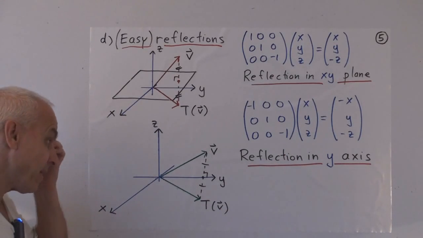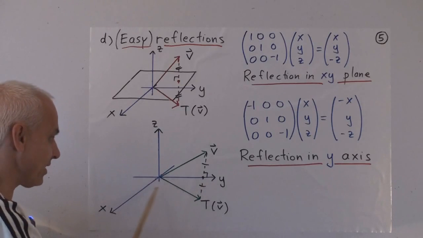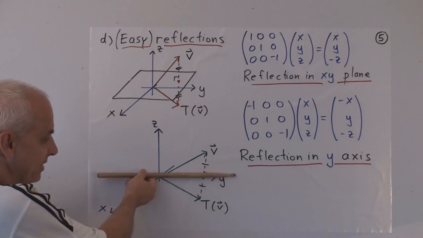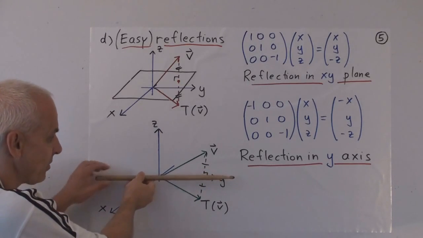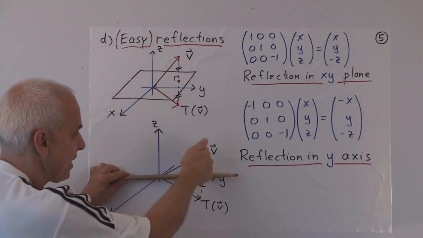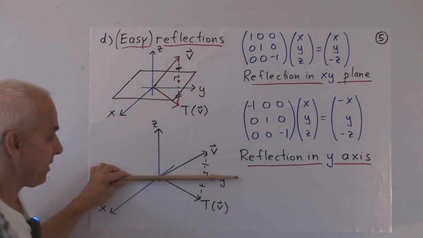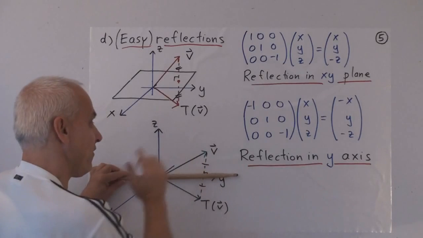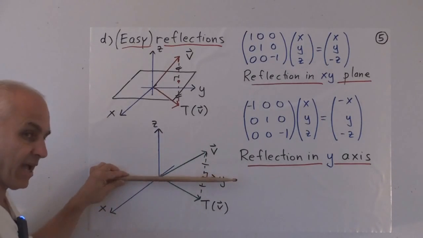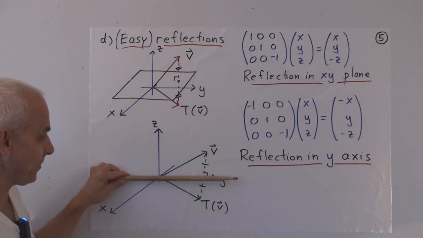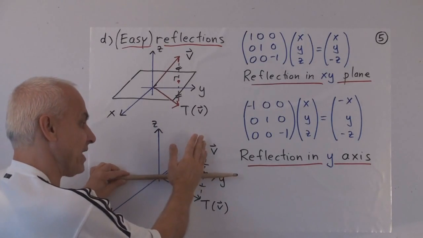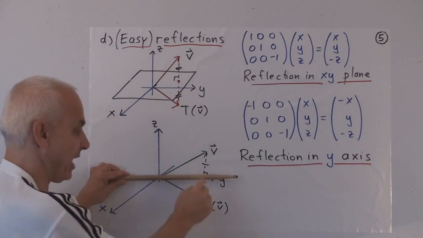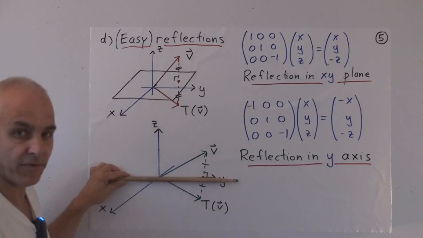What does that mean? Well, here's the x, y, z axis, the y-axis in this direction. So what's happened here is that if we take a vector v and think about the plane through v that's parallel to the x and z axes, now what we're doing is reflecting that vector v in that plane around that point.